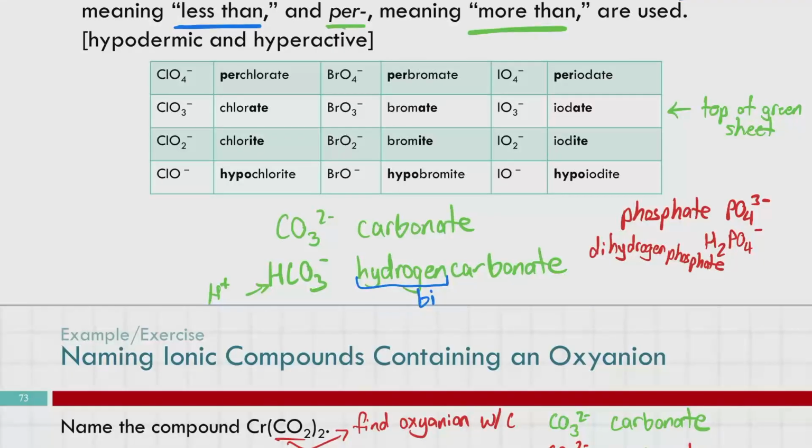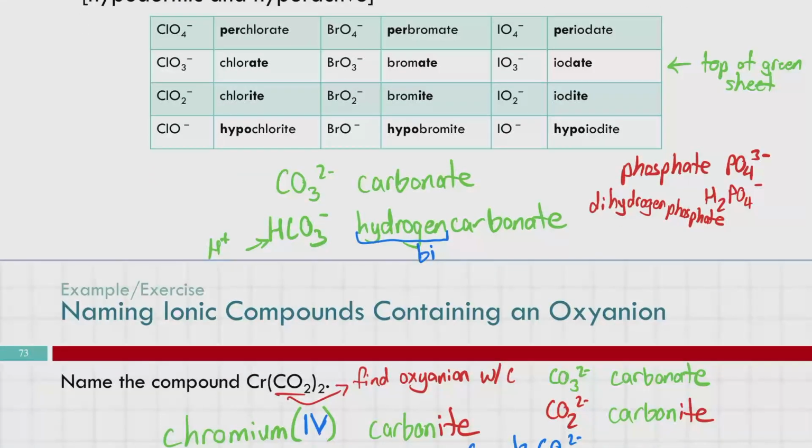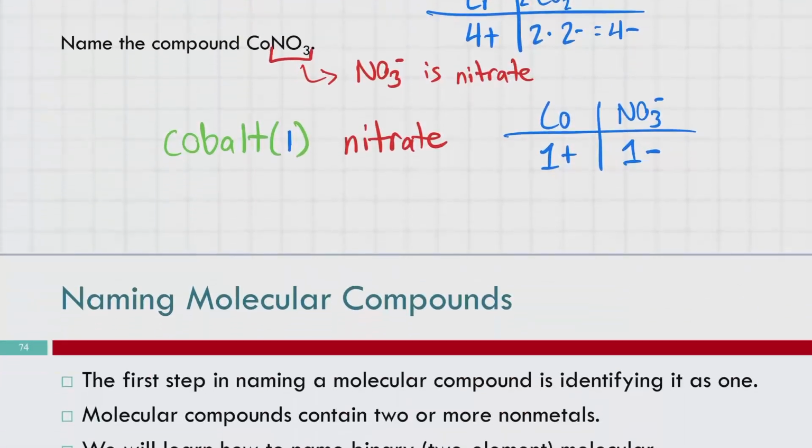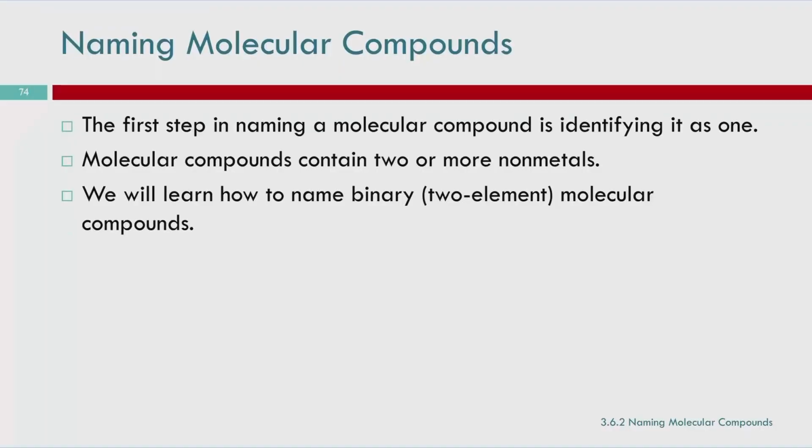The bi means that it takes twice as much, and that's because the charge went from a 2- to a 1-, so it takes twice as many of them to, I forget what the exact context is. If you see bi in front of a thing, like a carbonate or an -ite ending thing, that means that it's got a hydrogen in front. So bi also means you got a hydrogen in front in the case of our oxyanions. And then we did some examples, and that was all that we talked about for those.